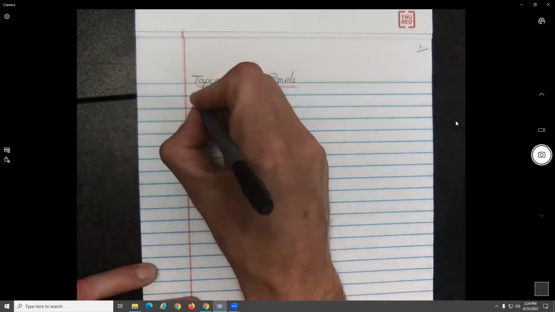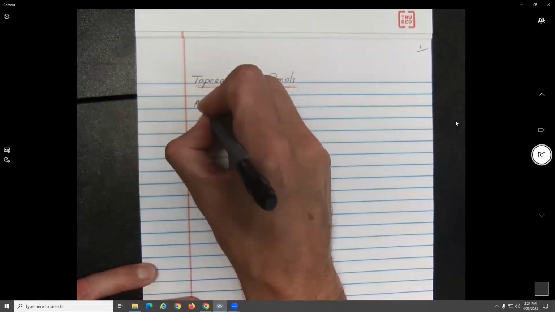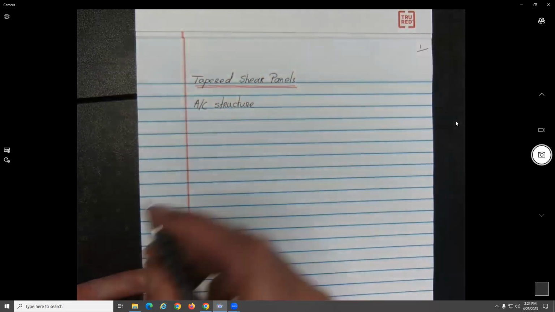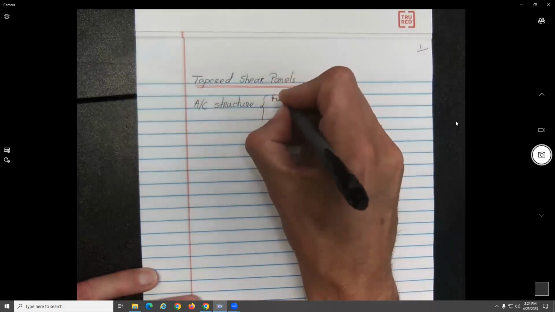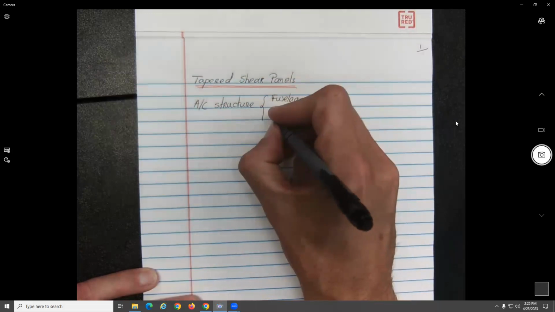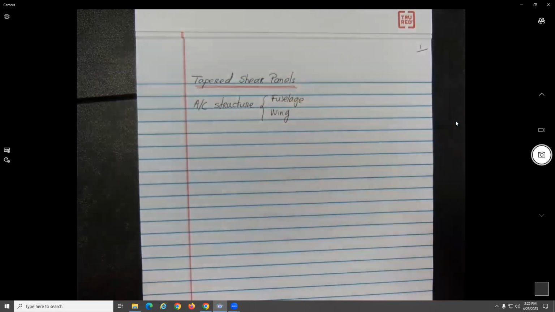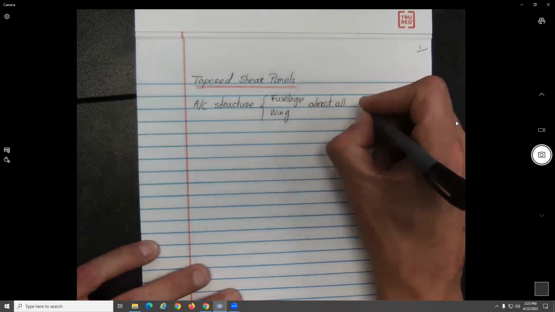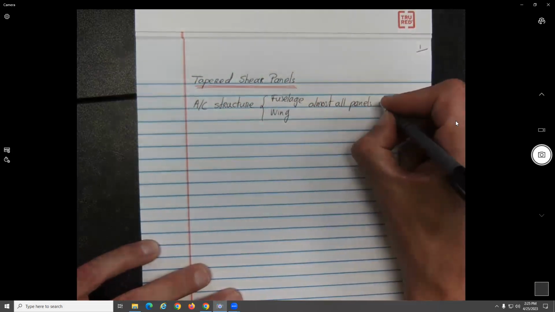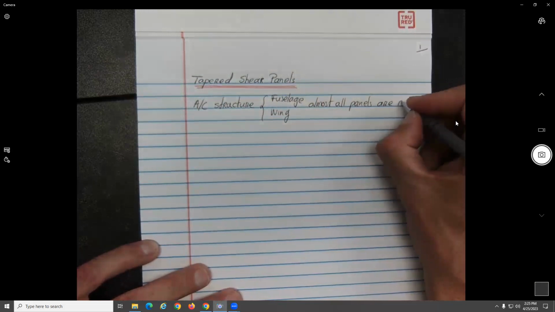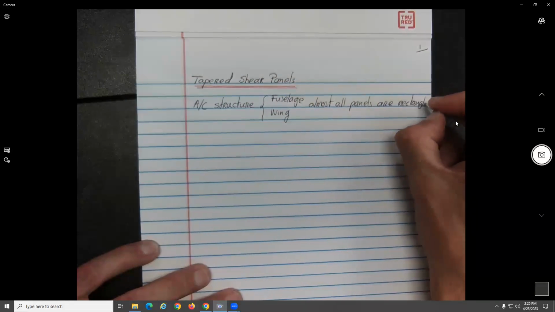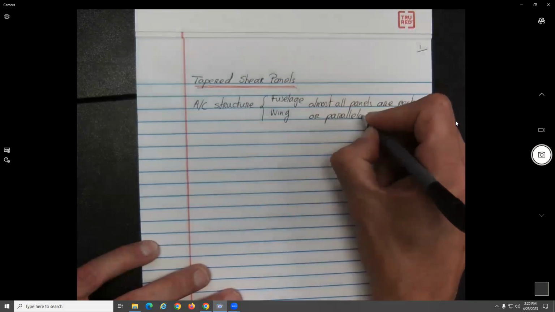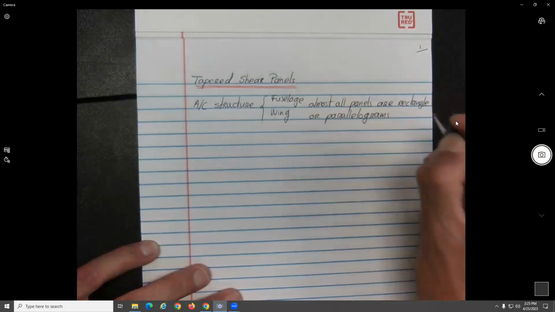Basically, if you look at an aircraft structure, let's say the fuselage and the wing, you can say that almost all panels are rectangles, or at the worst case scenario, parallelograms.